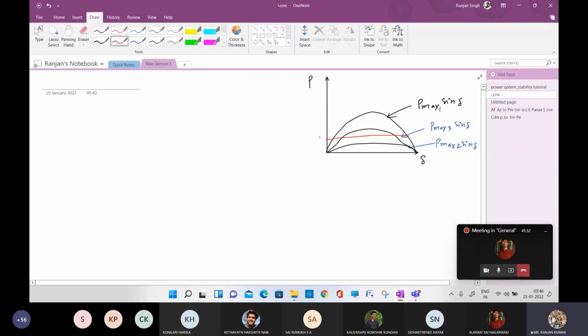In this question, before the fault, the curve is P max on the final. During the fault, the power comes to this curve and delta is increasing. After some time, you clear the fault and it is supplying 80%.